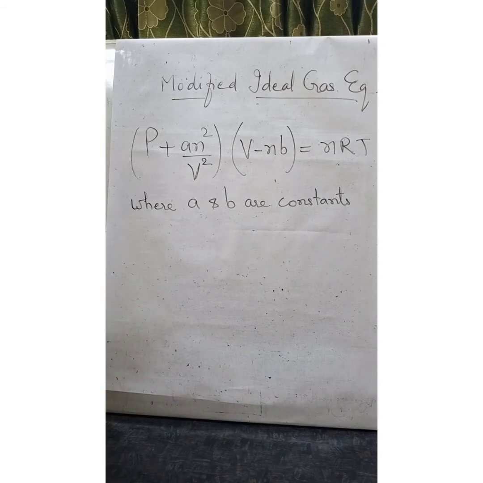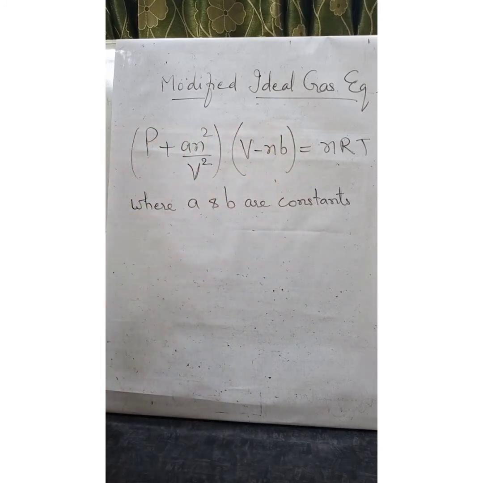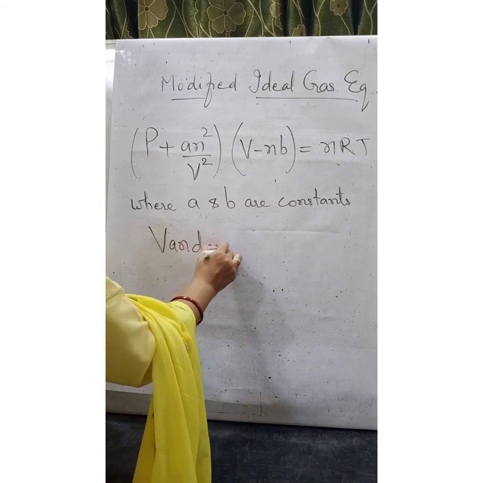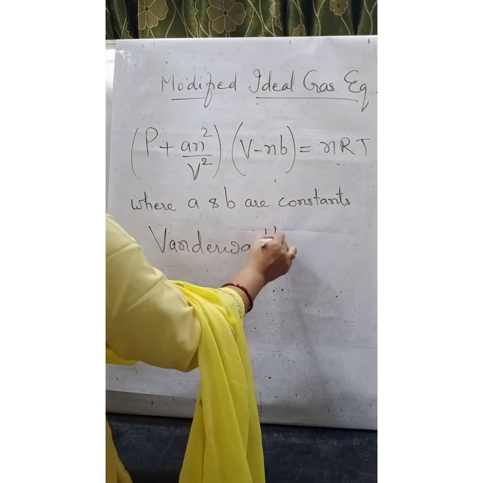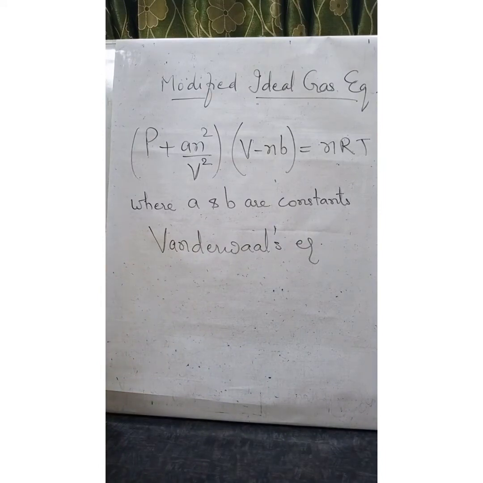The volume occupied by the gas molecules cannot be considered negligible as compared to the volume of the container. This modified ideal gas equation is also known as van der Waals equation, where a and b are constants.